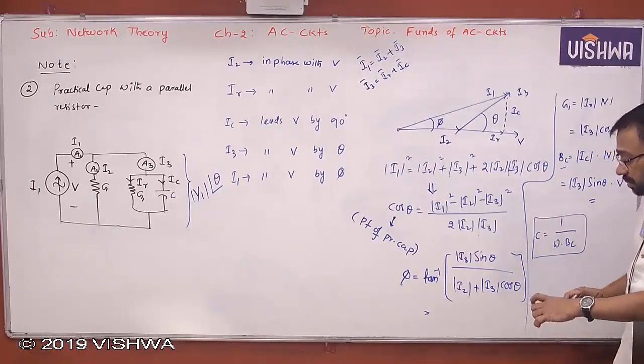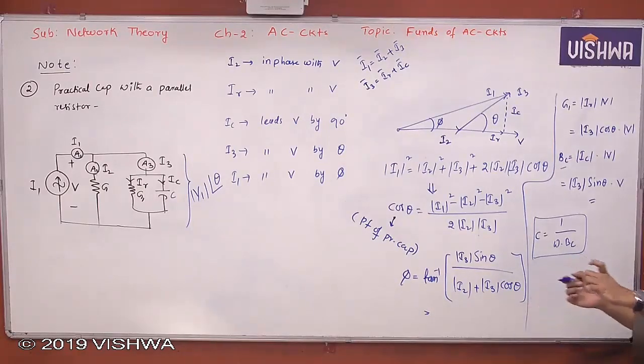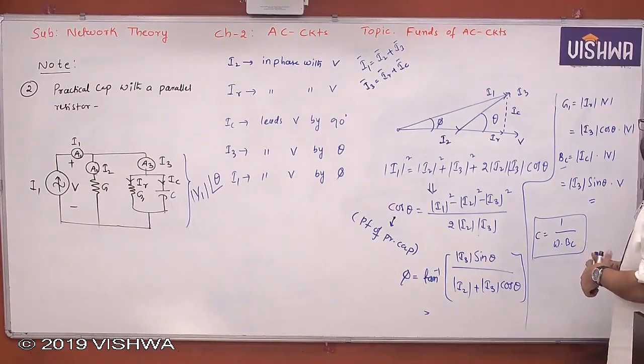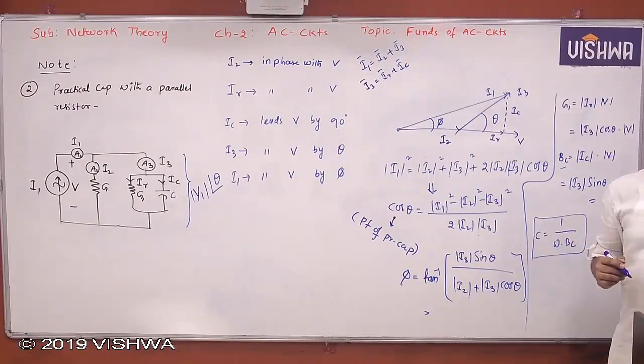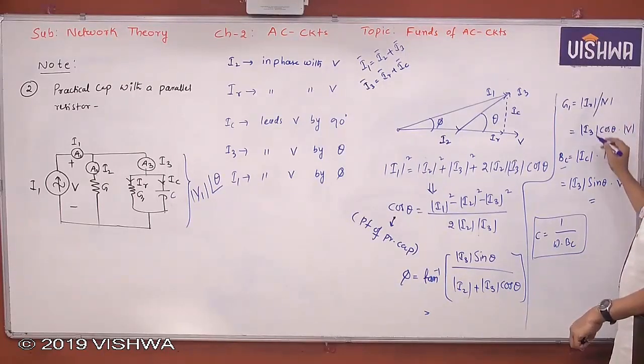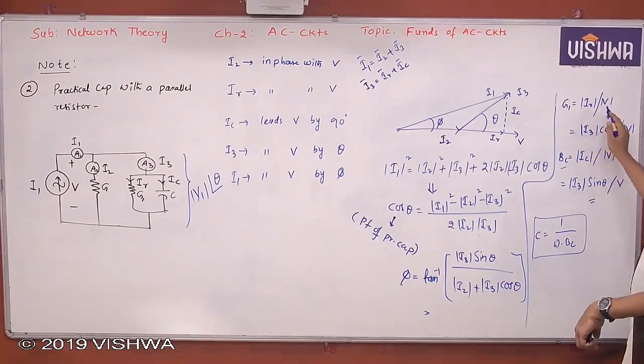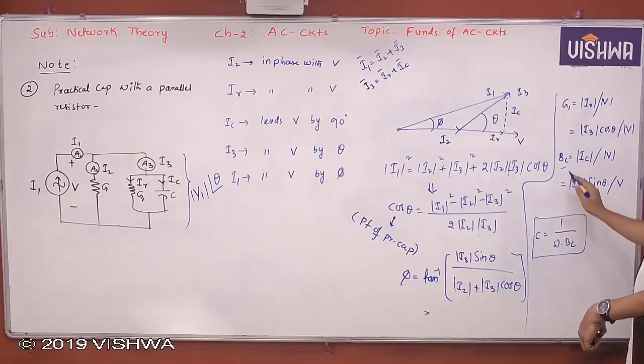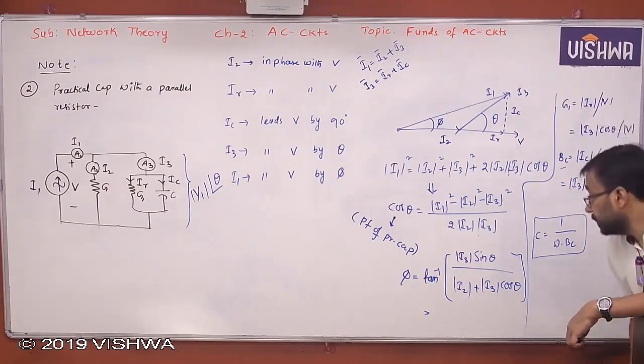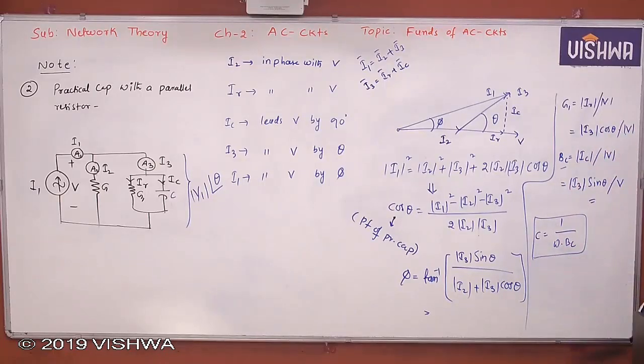So please note down. The relation we have written here is division, not multiplication. Clear? IR by V is I3 cos theta by V, IC by V is I3 sin theta by V. It's not multiplication, it is division. Note it down clearly, all of you.